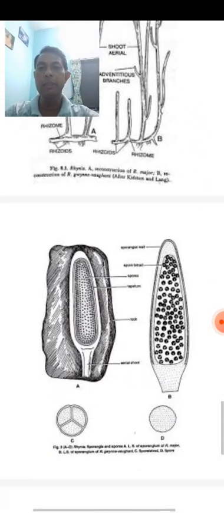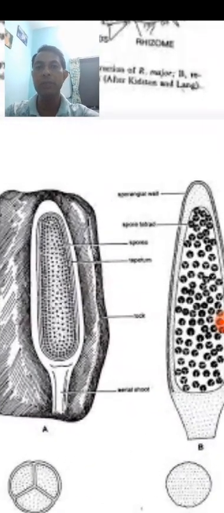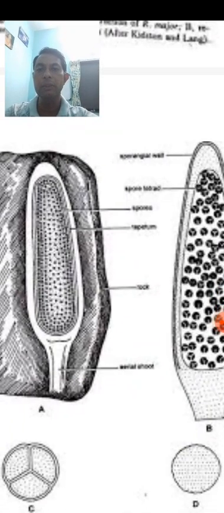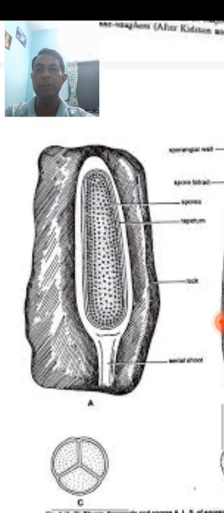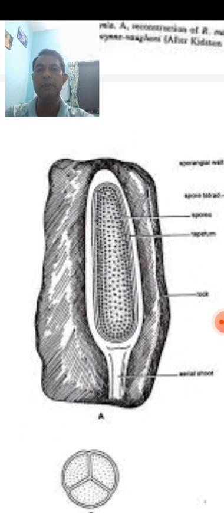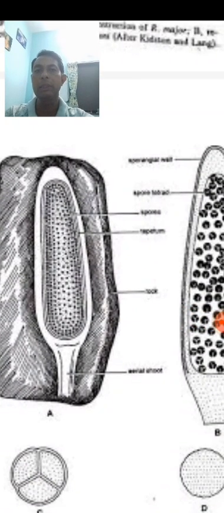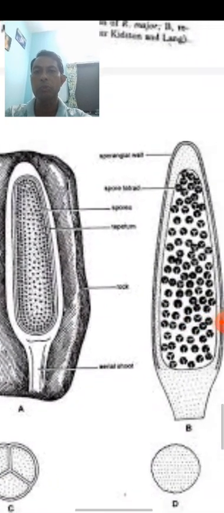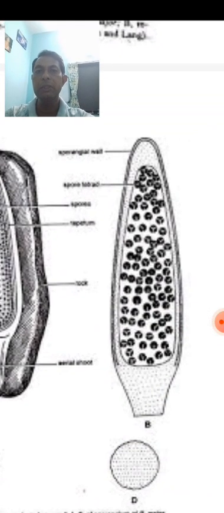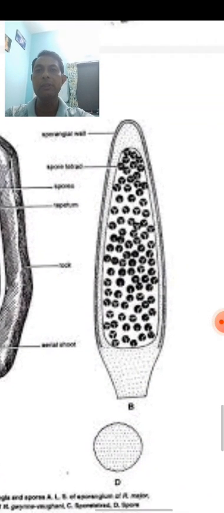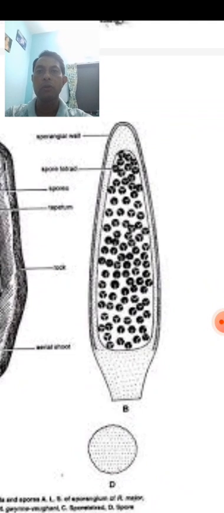Here you can see the detailed structure of the sporangium. This image shows a fossilized structure of the Rhynia sporangium. On the outer side is the thick sporangial wall.